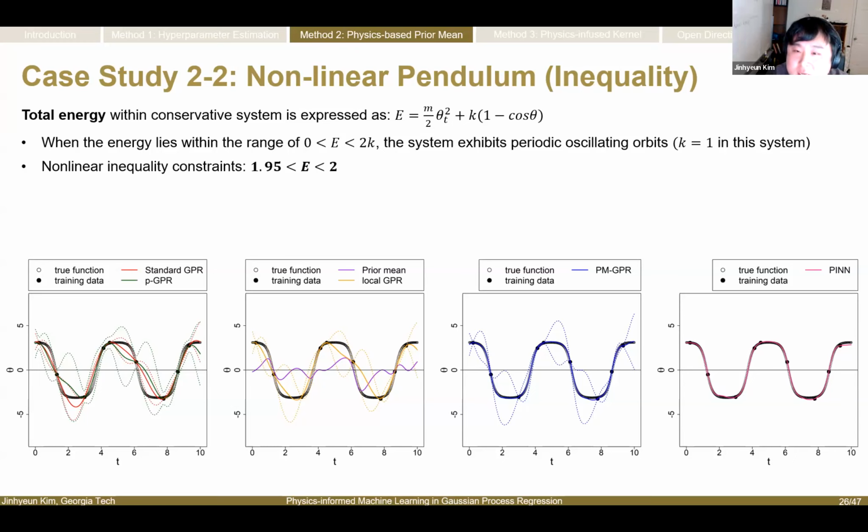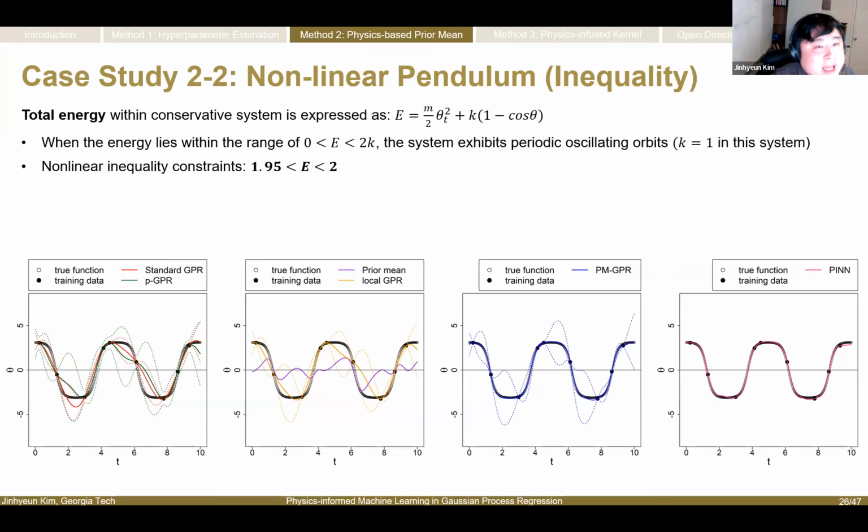So to handle nonlinear inequality constraints, we notice that the total energy within a conservative system is expressed as the combination of the kinetic energy and the potential energy. It is known that when the energy lies within the range between 0 to 2K, the system exhibits periodic oscillating orbits. We set K equals 1 in this system.